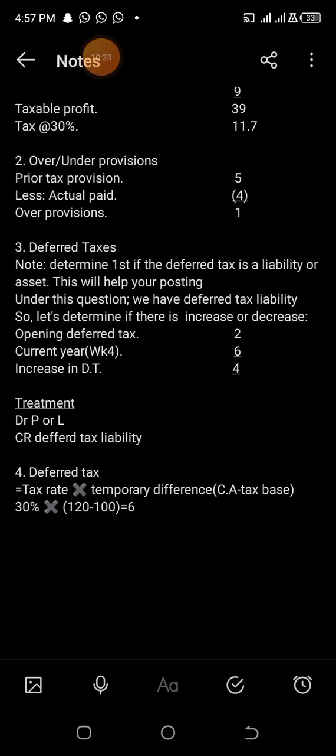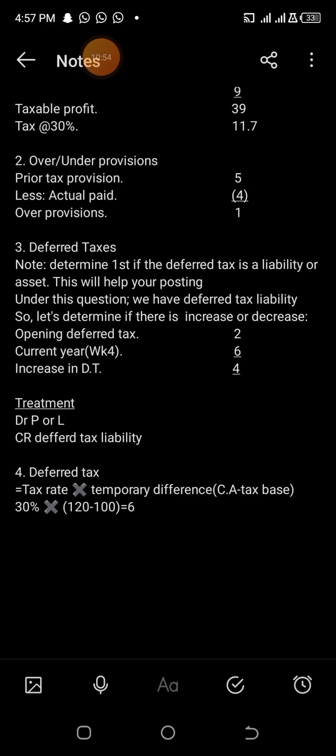will give us 20, meaning that we have what we call a positive result. And I told you, once you have a positive result, it is called deferred tax liability. Please don't forget, when you less your carrying amount from the tax base, if it is a positive result, it is known as a deferred tax liability.